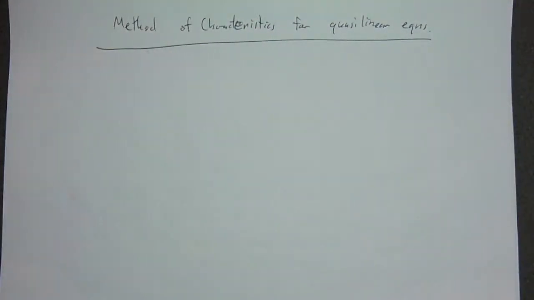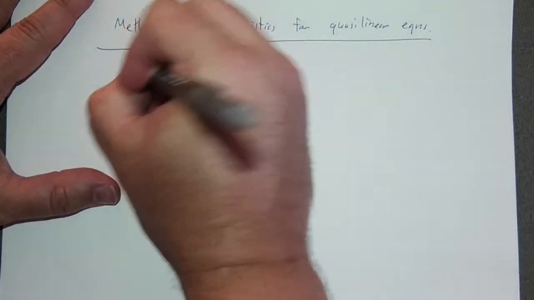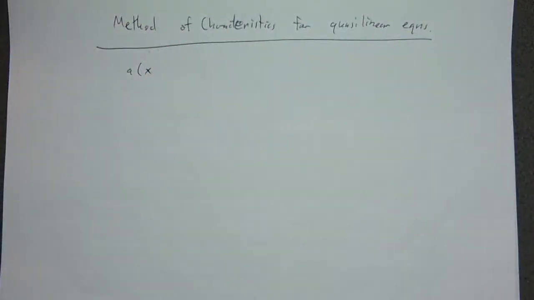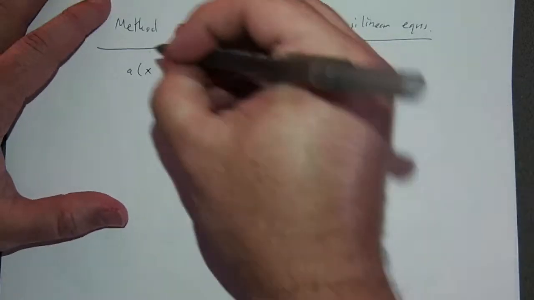Okay, so first of all, what is a quasilinear PDE? And we'll do this for two independent variables, but again, I'll do at least one example where we extend it and do it for more than two.